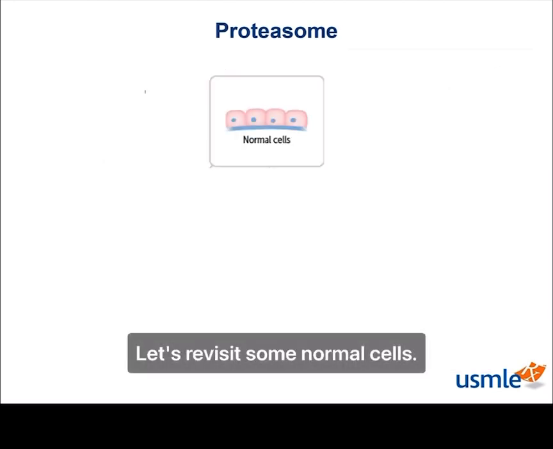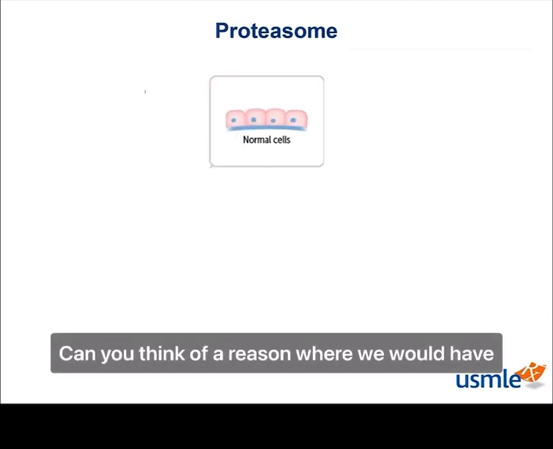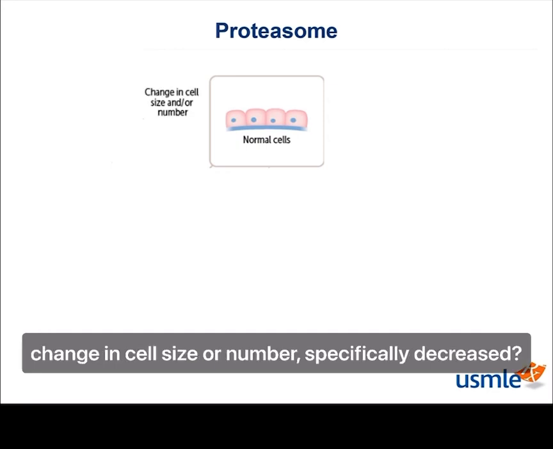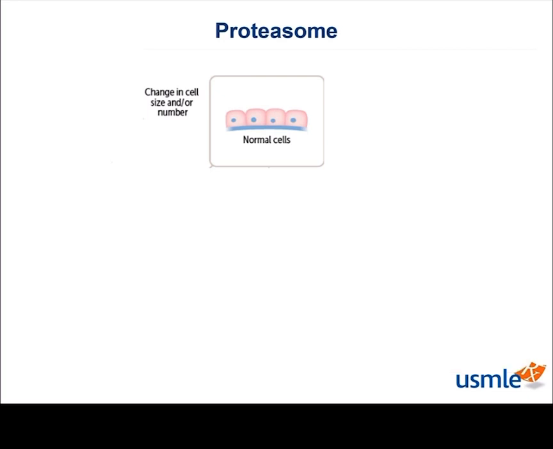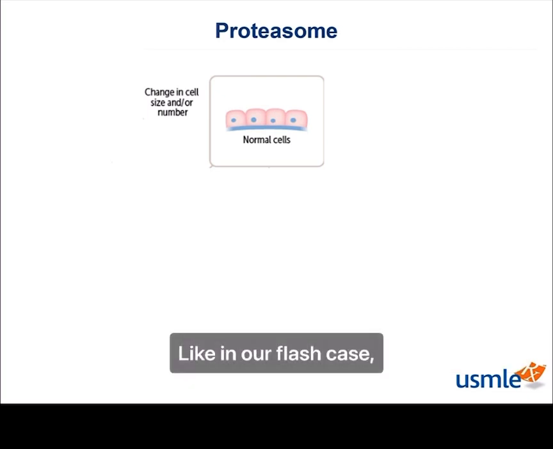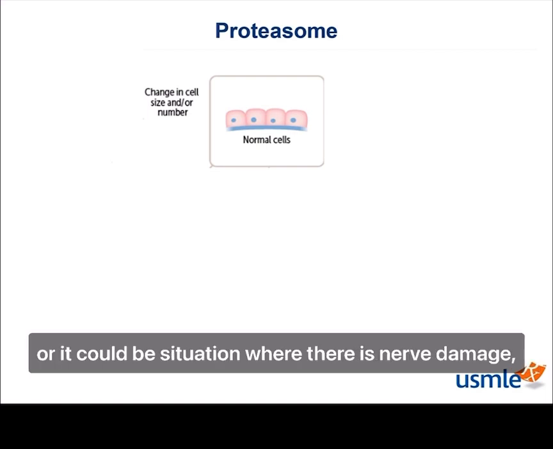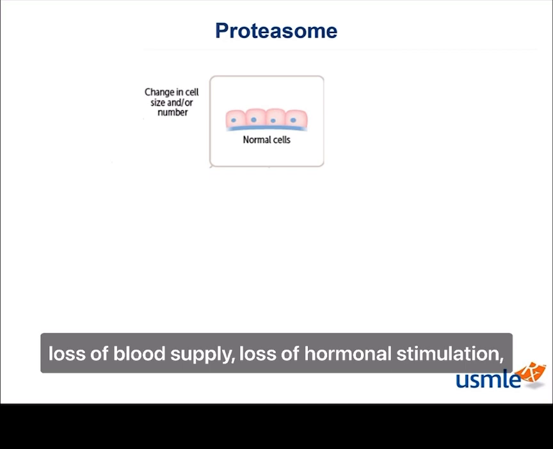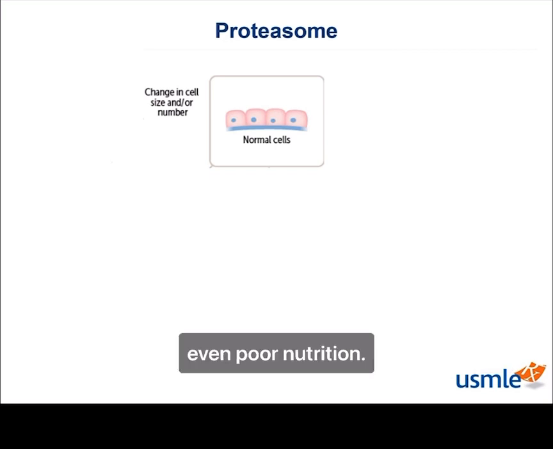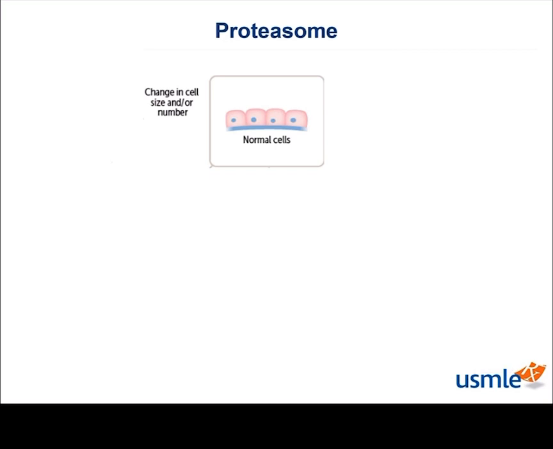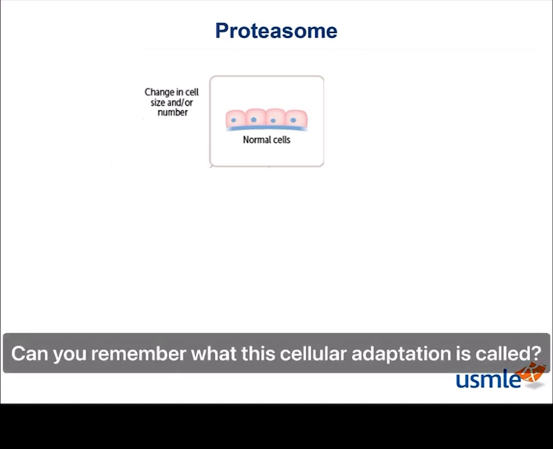Let's revisit some normal cells. Can you think of a reason where we would have change in cell size or number, specifically decreased? Like in our flash case, it could be someone who hasn't been using his muscles, or it could be a situation where there is nerve damage, loss of blood supply, loss of hormonal stimulation, even poor nutrition. Can you remember what this cellular adaptation is called?